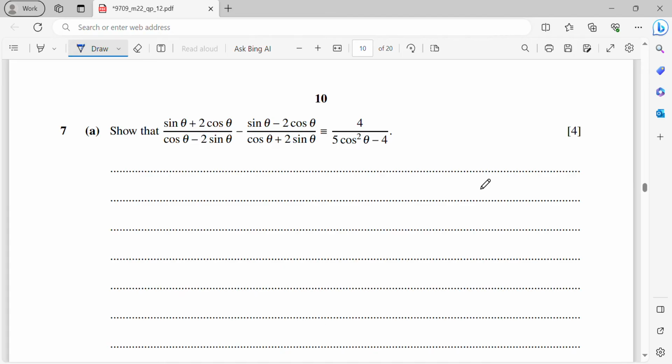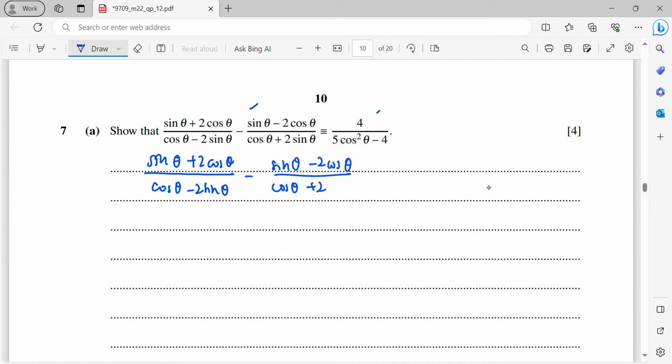Okay, now question number 7a. Show that the minus of these two terms equals to 4 over 5 cos squared theta minus 4. So I will start from the left hand side because it is more complicated compared to the right hand side. So this is going to be, now getting the same denominator means that you do cross multiplication.